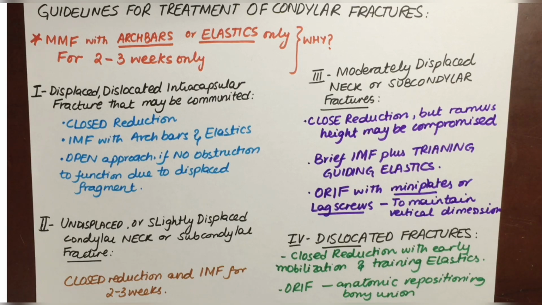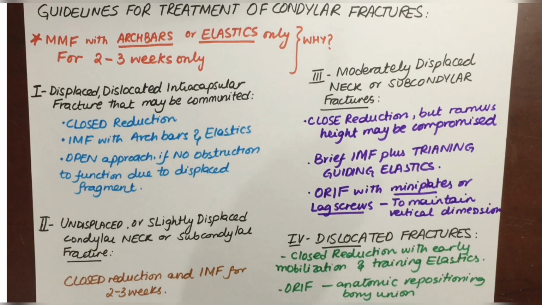Now, what are the treatment options for different types of fractures? If the fracture is a dislocated intracapsular fracture that may be comminuted, then we perform closed reduction with IMF with arch bars and elastics for 2 to 3 weeks only.